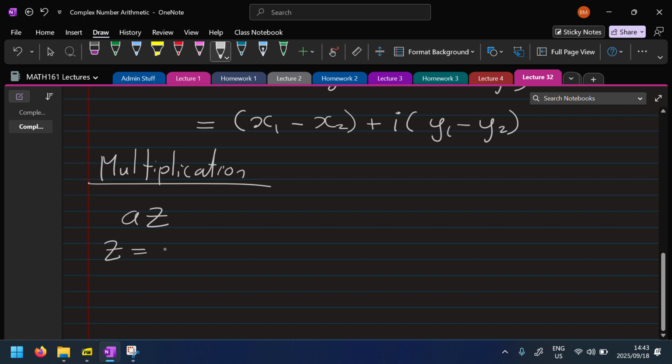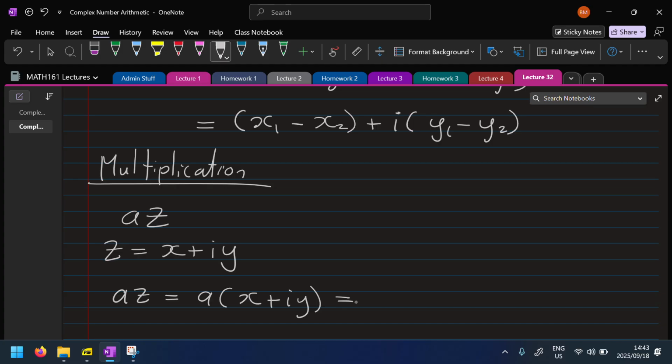Z is X plus iY. So A times Z will be A(X plus iY). We just distribute inside, so this will be AX plus iAY. Very easy stuff.